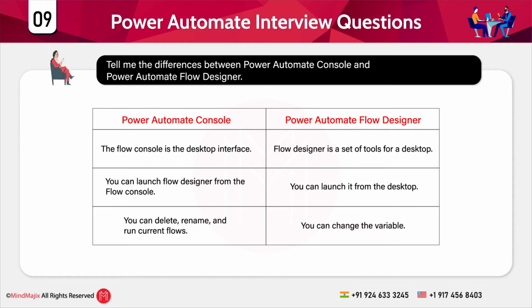And the third point: in Power Automate console, you can delete, rename, and run the current flows. In case of Flow Designer, you can just change the variable. Okay, so these are the three key differences between Power Automate console and Power Automate flow designer.